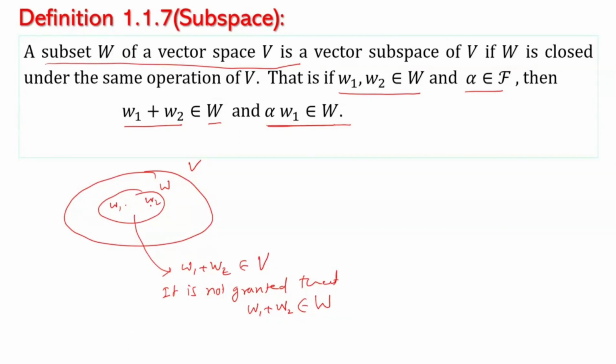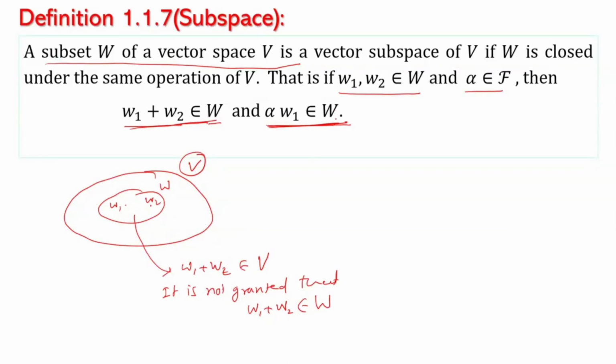It means W satisfies the closure properties with respect to the addition and scalar multiplication defined on its superset V. If these are satisfied, then W is known as a subspace of the vector space V. If these two properties are satisfied, then automatically the other properties of the vector space are satisfied.